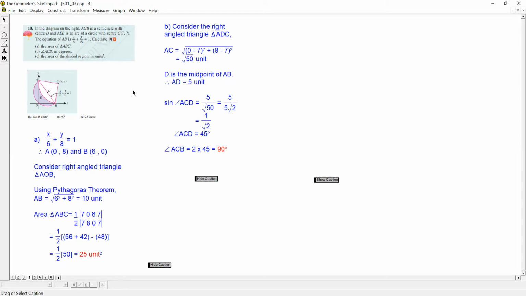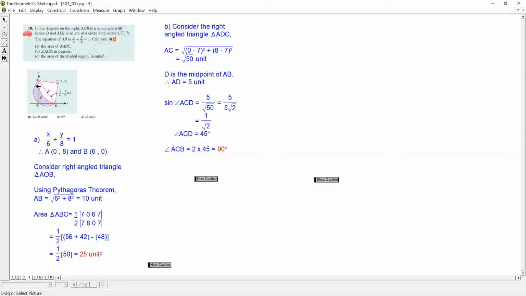D is the midpoint of AB. Why? Because D is the center of the circle, so the two parts AD and DB must be the same. If the whole thing is 10, the radius must be 5.